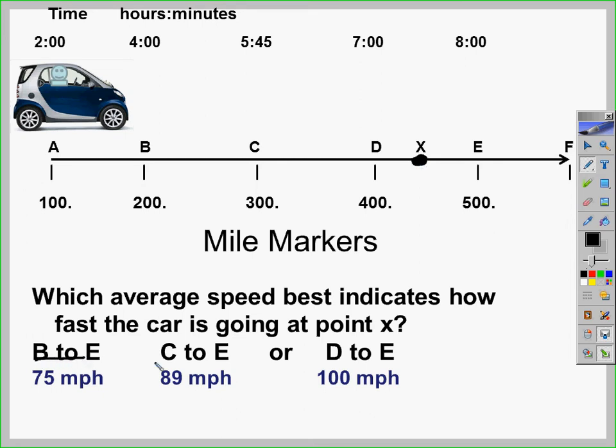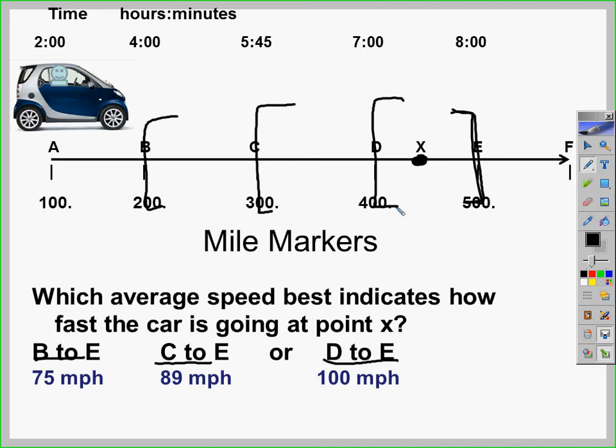B to E, C to E, or D to E? It's just an estimate. But when we figured out the average speed from B to E, did that give the best estimate for how fast it's going at point X? Or was it C to E? Or was it D to E?